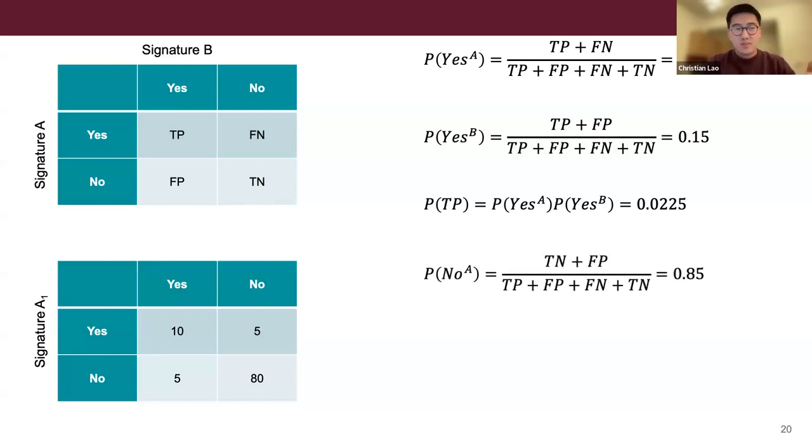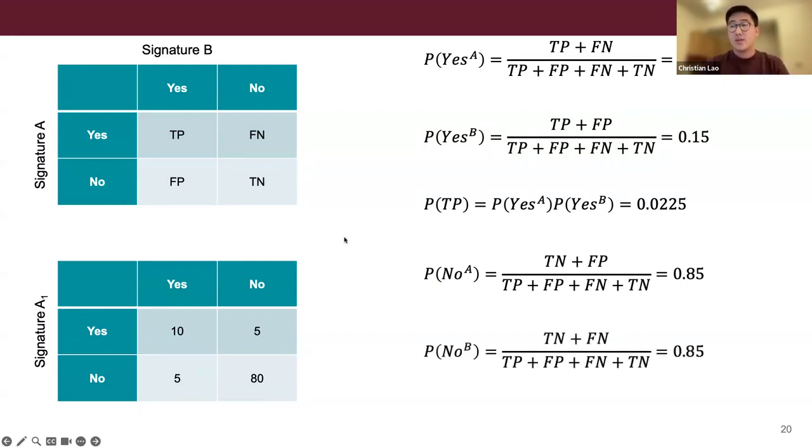You can play the same game for the no's, but in this case, for signature A, you're taking the false positive and true negative, and for signature B, you're taking the false negative and true negative, and you evaluate for our toy example, probability of no for each as 0.85.